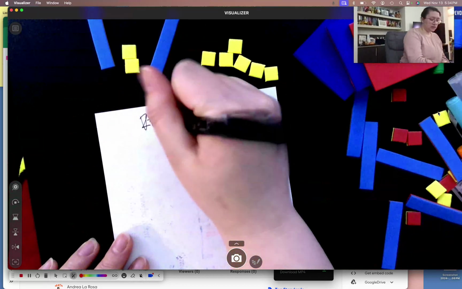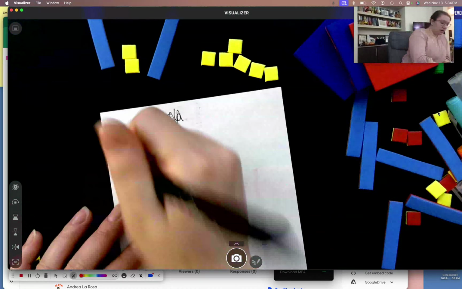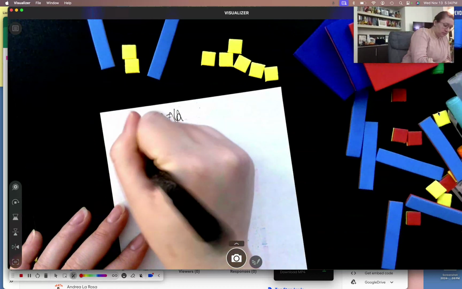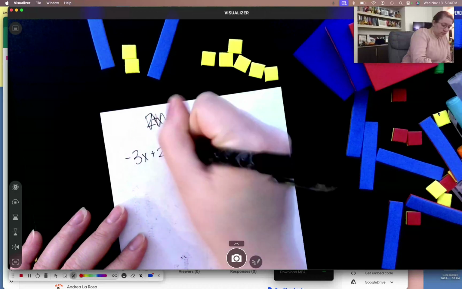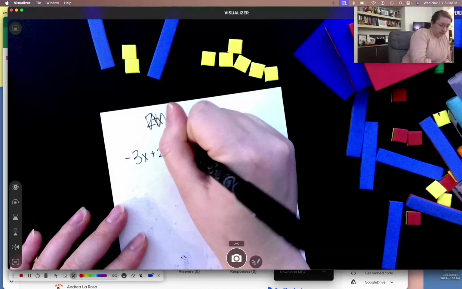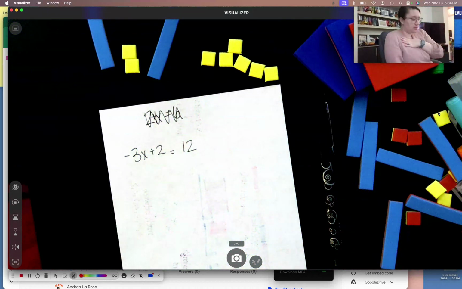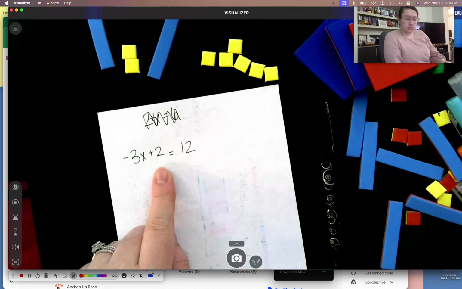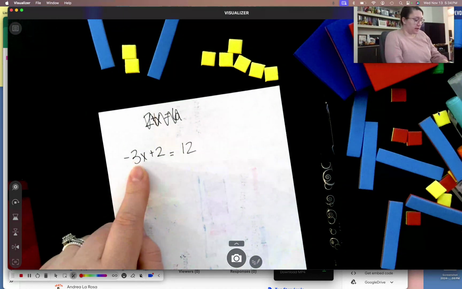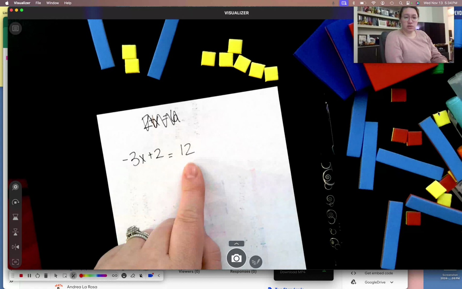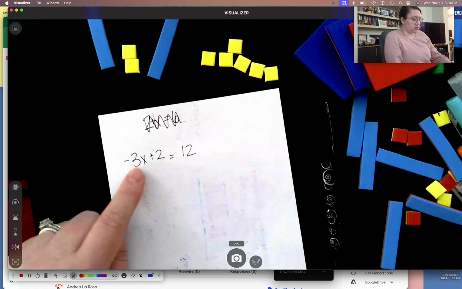Alrighty, let's go again. Doesn't have to be pretty, that's okay. It's not going to end up in a pretty number, but we're not solving, so it's fine. Trickier. Negative 3x plus 2 equals 12. So let's start out here.